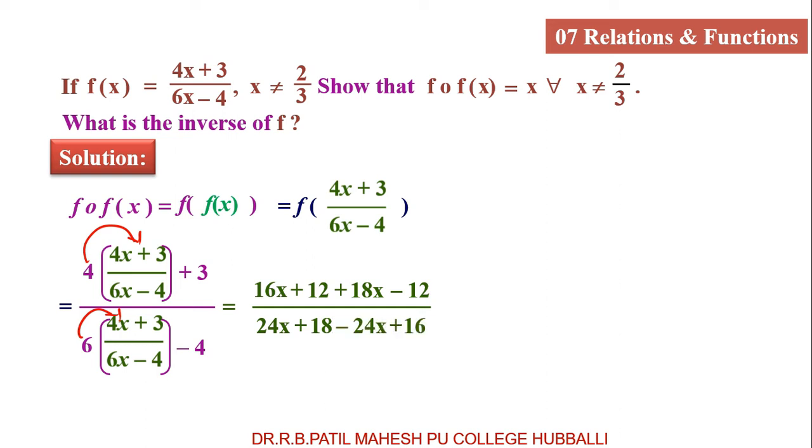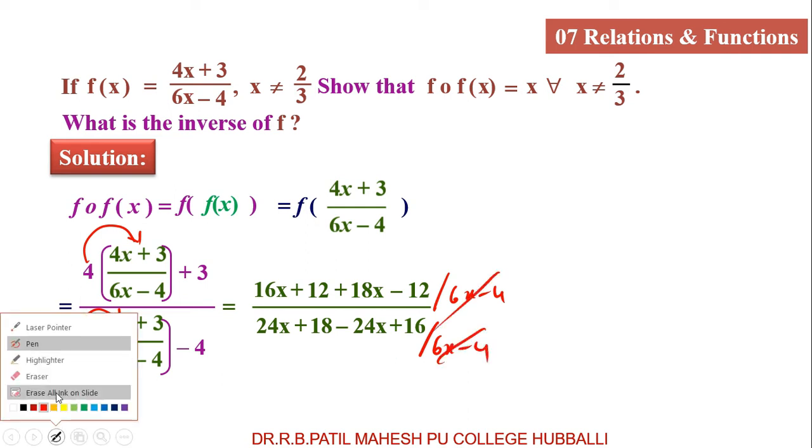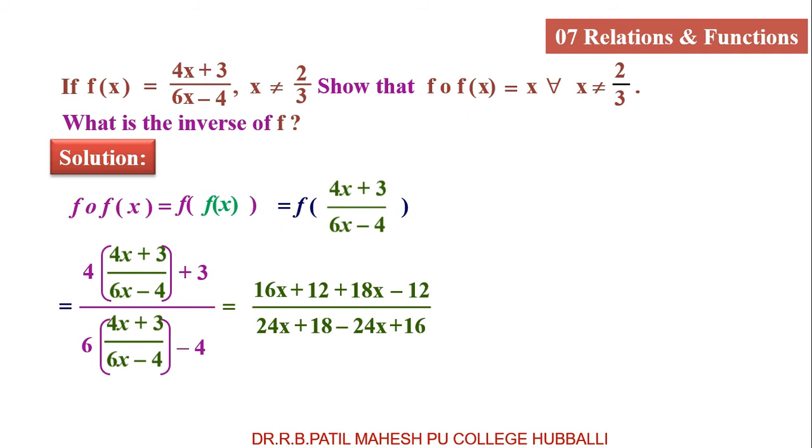Dear students, in the denominator actually there will be 6x minus 4. Here also there will be 6x minus 4, but after the cancellation we will not write that one. So only this much. So here plus 12 and minus 12 get cancelled. 24x and minus 24x get cancelled in the denominator.